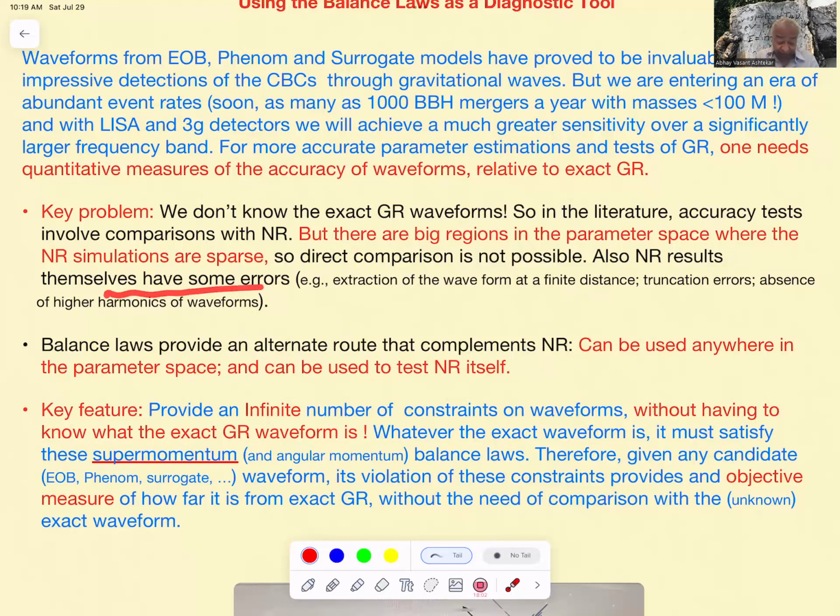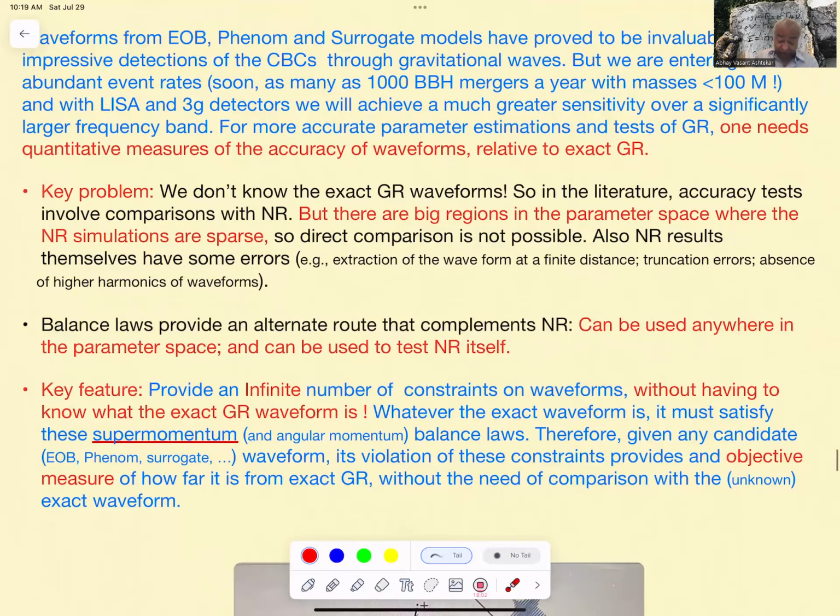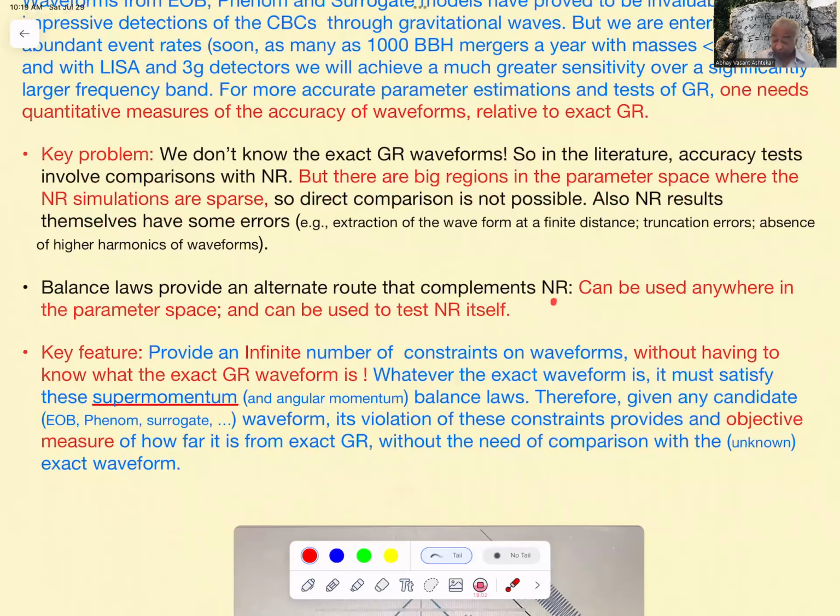Also, numerical results themselves have some errors because of extraction of the waveform at finite distances, truncation errors, and the so far absence of higher harmonic waveforms, and so on. And so balance laws provide an alternate rule to complement numerical relativity. They can be used anywhere in the parameter space and can be used to test numerical relativity itself.